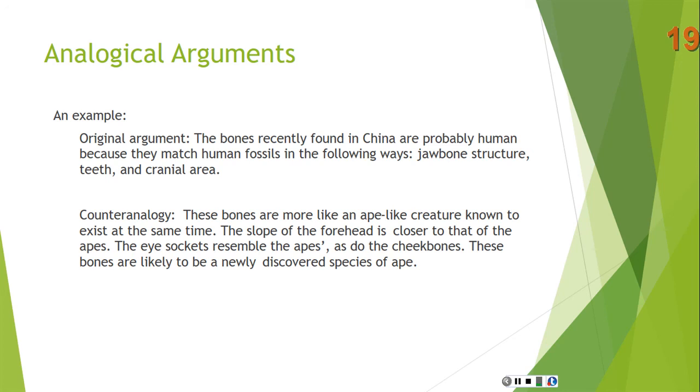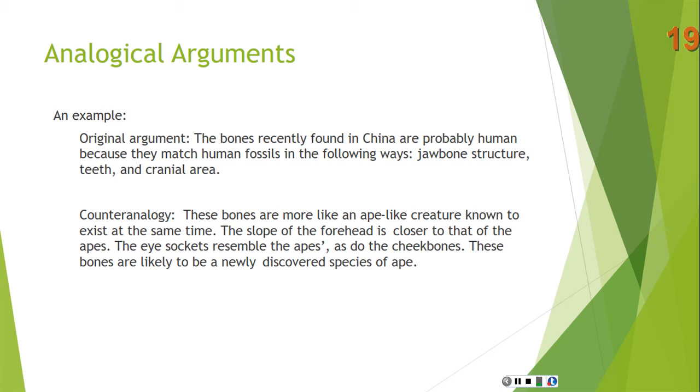And the way you would do that is, you're going to need to look at the empirical evidence in this case. But you're also going to need to look at all those other features that we looked at: relevance of similarities, how many similarities, how many dissimilarities, are those dissimilarities relevant.